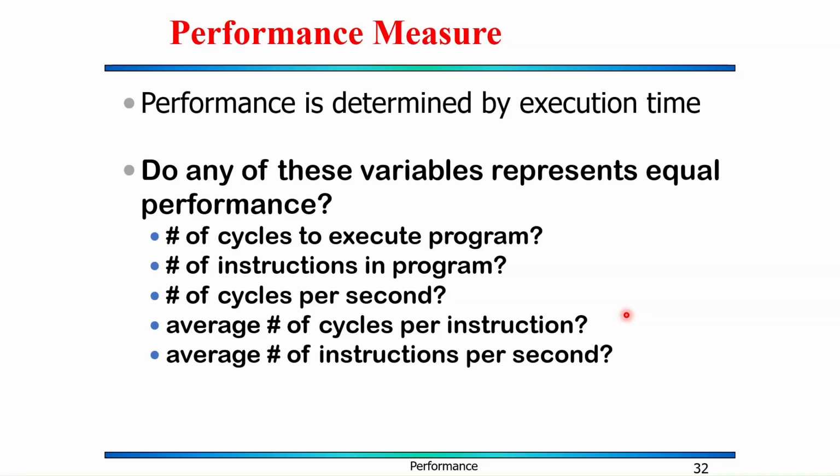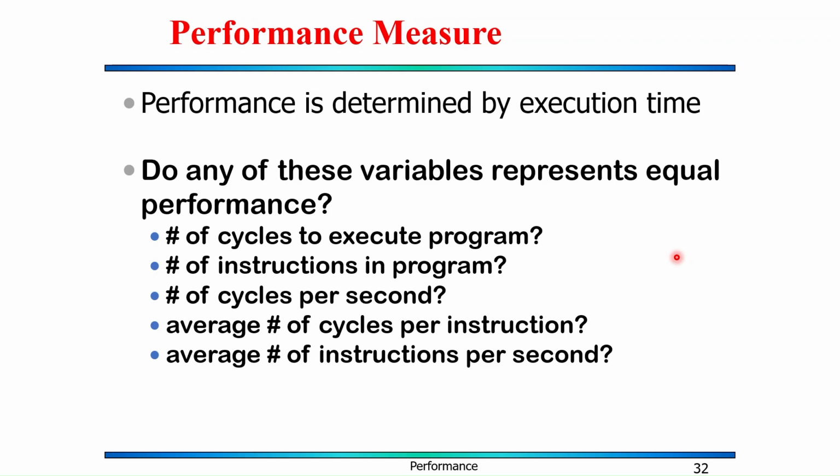So performance is ultimately determined by execution time. That is the bottom line. A computer is faster if it completes a program in less time, regardless of what happens internally. Now, looking at these variables, do any of them alone represent performance?